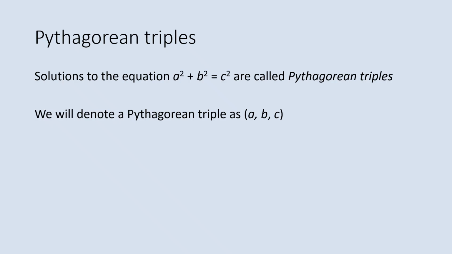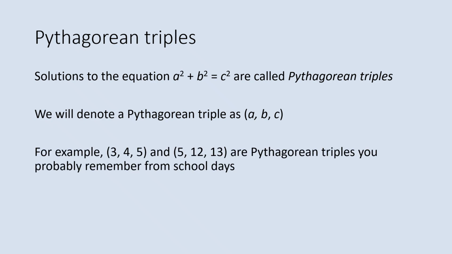If it's a Pythagorean triple, we know that the things are squared and added together, and a squared plus b squared is going to equal c squared. So we'll just write down the triple, just the numbers themselves, the a, b, c portion, the solutions to that equation. Some Pythagorean triples that you probably remember from school days: 3, 4, 5. 3 squared plus 4 squared is equal to 5 squared.